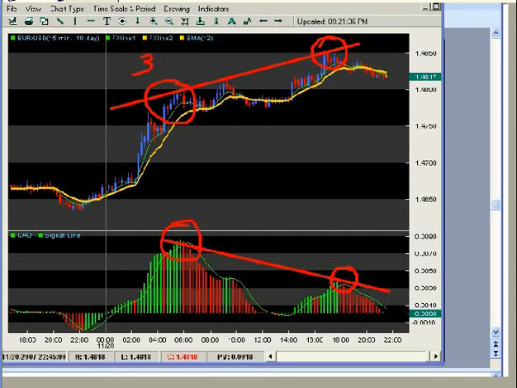So when you see the oscillator peaking out, and it usually lags by 3 bars, between 1 and 5 bars, that's your wave 3.